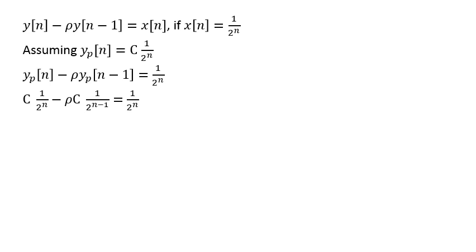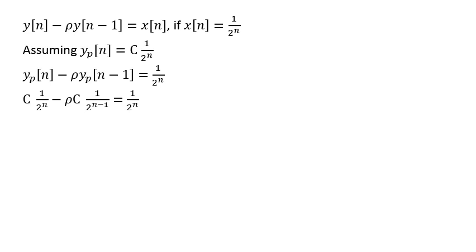So let's consider another example on discrete time. In this case, we are given the difference equation, which is y of n minus rho times y of n minus 1, that is the previous value of the output, and this is equal to x of n. Because in case of the particular solution, we are provided the input, in this case we are given x of n equals 1 over 2 power n.